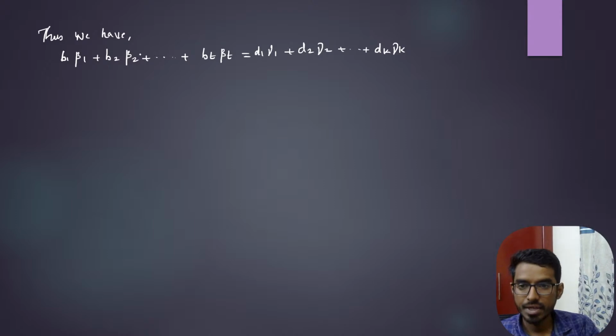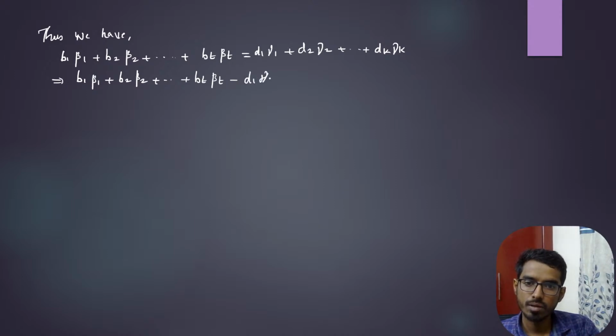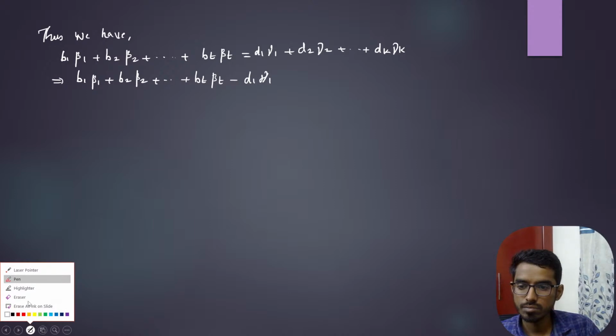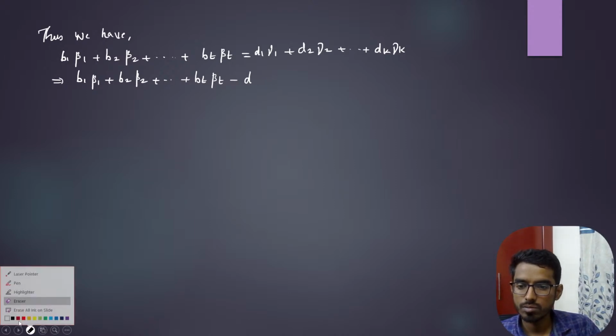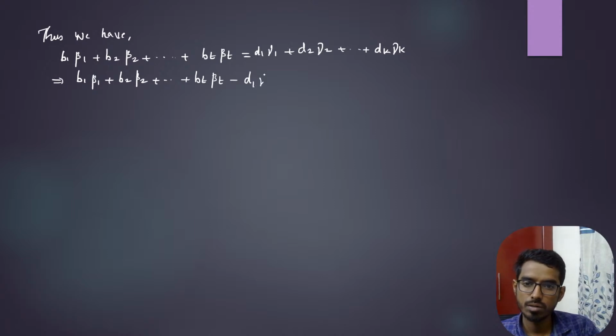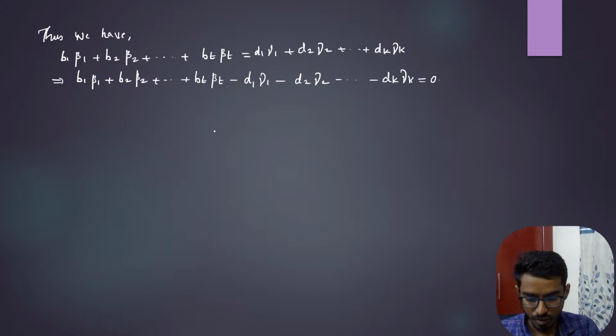Okay. So that means can I write b1 beta 1 plus b2 beta 2 and so on up to bt beta t minus t1 gamma 1 minus t2 gamma 2 and so on up to tk gamma k is equal to 0, right?